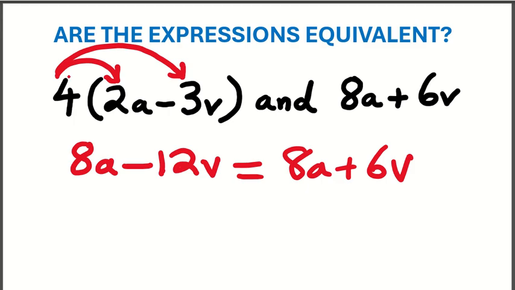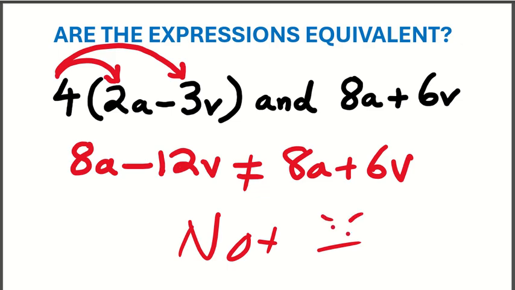Well, as you can see, it's not. 12v is not going to be the same as 6v, so those are not equivalent. Not equivalent. And there's the disappointed face. Wish they were equivalent, but I guess they're not. He's got like his hands on his hips. He's like, they need to be equivalent.